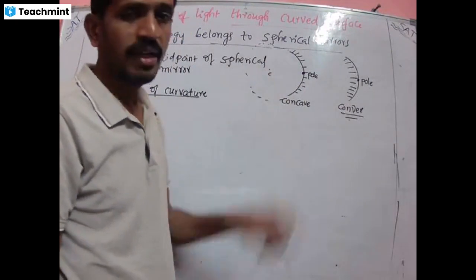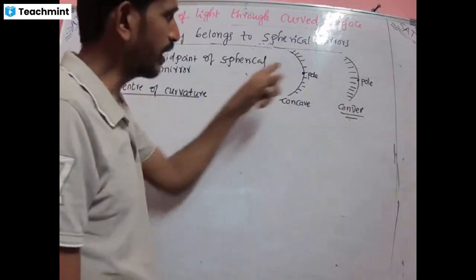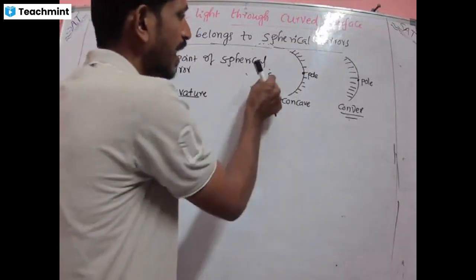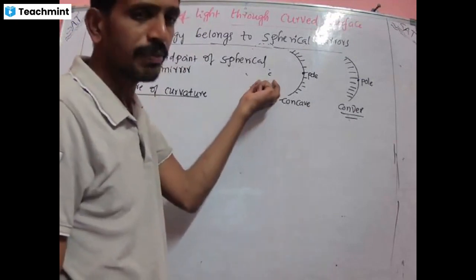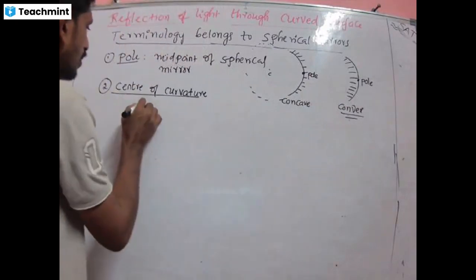The center of curvature is the center of the sphere of which the mirror is a part. This is the imaginary center.